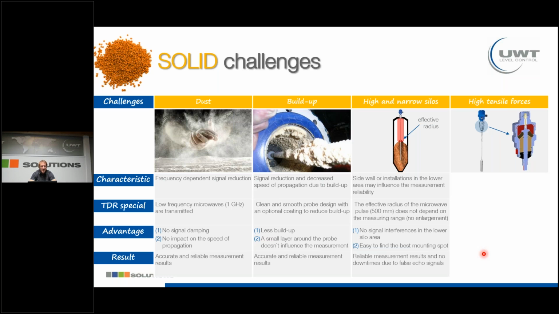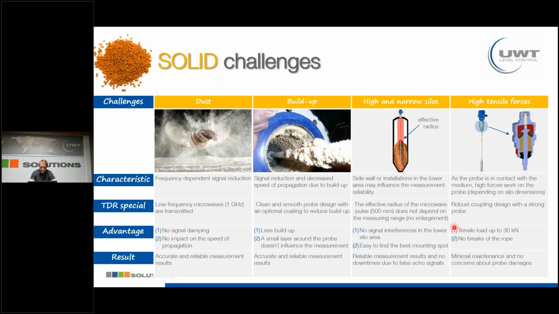And this also makes finding the right spot for the sensor mounting easier, because we always know where the energy really is and how big the effective radius is. So we have less downtime due to false echo signals and also a reliable measurement.